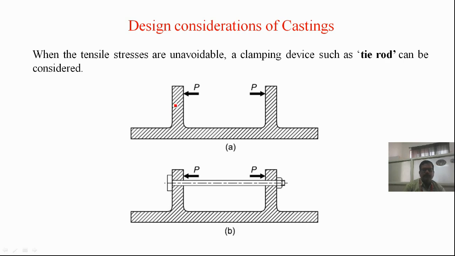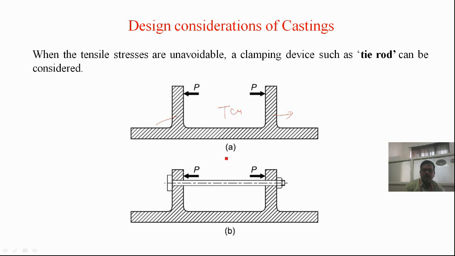And for other design considerations, in cases where tensile stresses cannot be avoided, we use a tie rod. These are the 2 ends, and you apply a force like this. A tensile force is applied, it is pushing this way and this is pushing that way, and hence this entire member is subjected to tension.